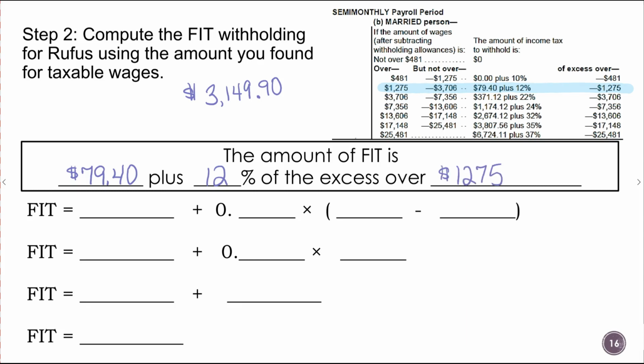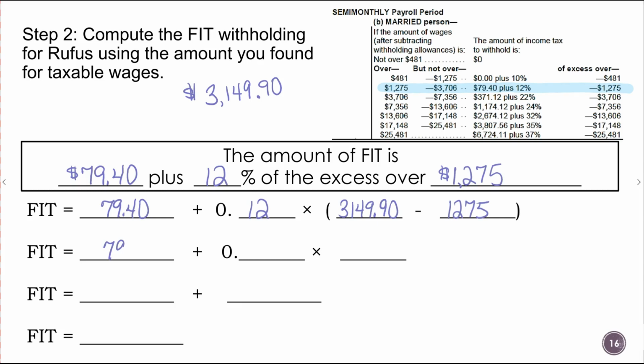Now you might notice there's quite a bit of difference here. These salaries are not that much different, but because he's married, it works out with smaller withholding amounts, and that's really what happens. All right, so the FIT would be 79.40. 12% is 0.12. We're going to subtract from his taxable wages the $1,275.